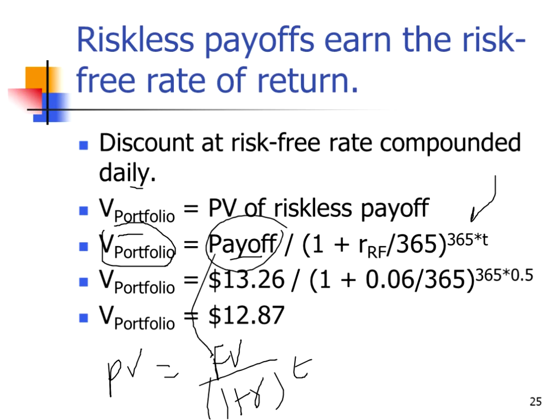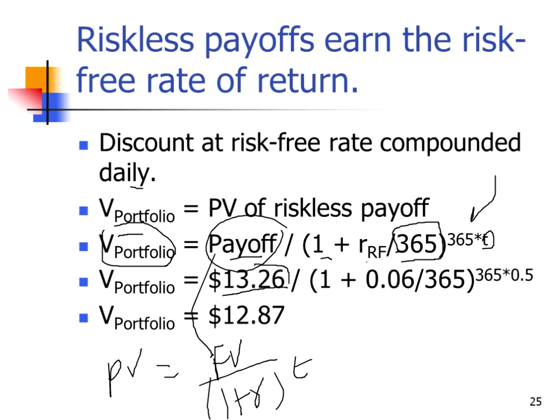Payoff is the future value, and then this is 1 plus R divided by 365 because it's on a daily basis. The power T is going to be 365 multiplied by T. For 6 months, it will be half a year, which is close to 182 days.